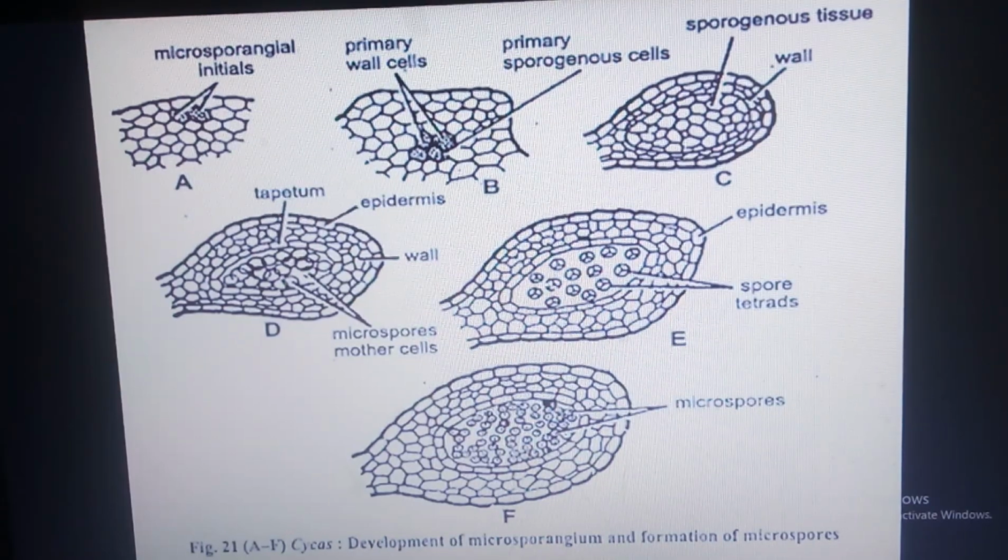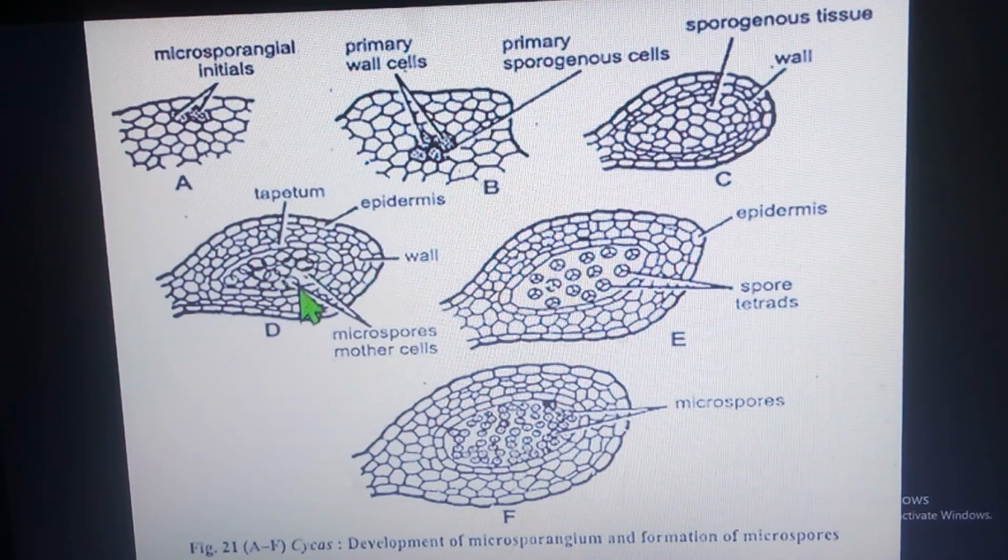Okay, now in the next step, these microspore mother cells will start to divide meiotically to form 4 haploid microspores. You see here, after they divide in this step, they form the spore tetrads.